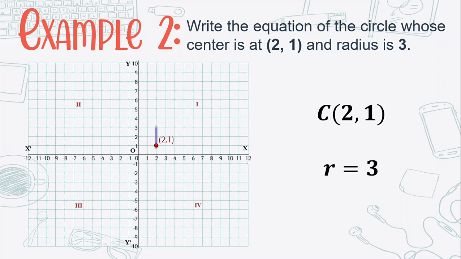So we have 3 units upward, 3 units downward, 3 units to the right, and 3 units to the left. Again, connect all the endpoints. Now we have our graph for x squared plus y squared minus 4x minus 2y minus 4 is equal to 0.